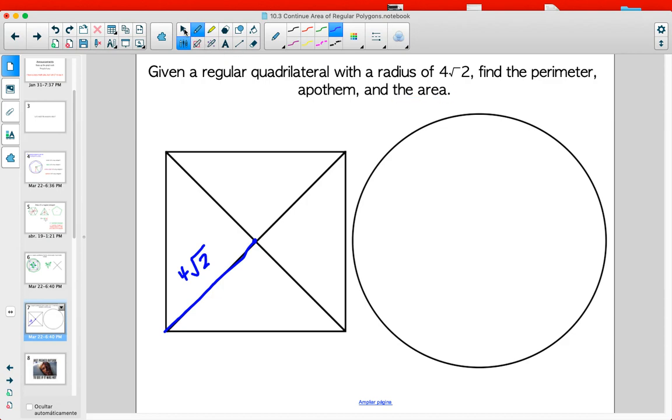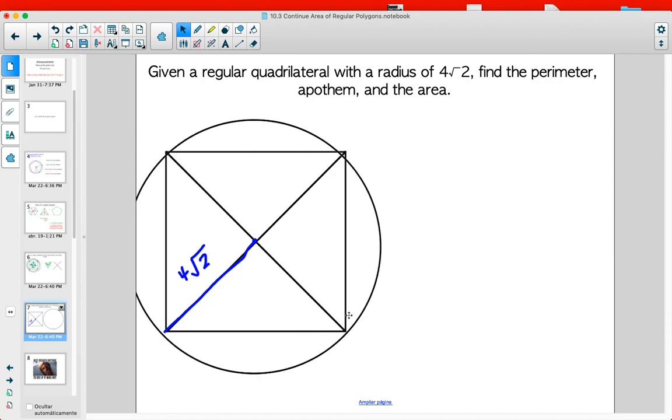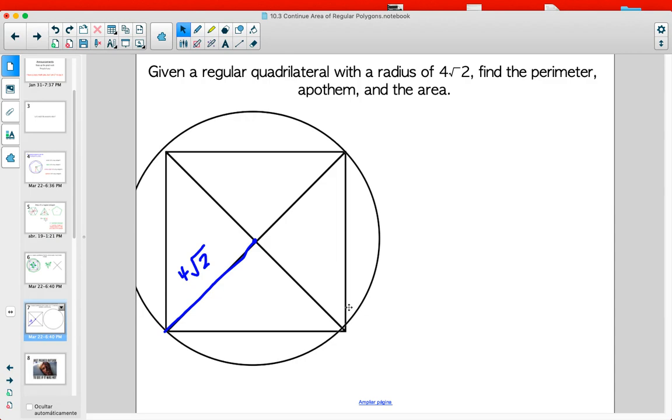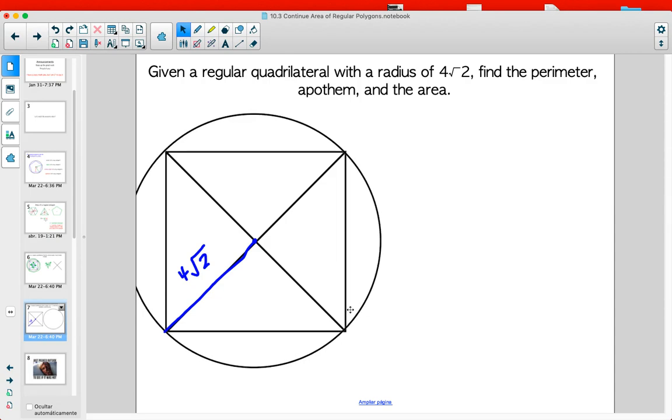So again, just to start off, because we know the radius, that can help us with finding the apothem and the perimeter. And just a reminder, this square is inscribed in this circle. So using that, we can figure out what the measure of each central angle is. And I'm going to do the central angle in green.